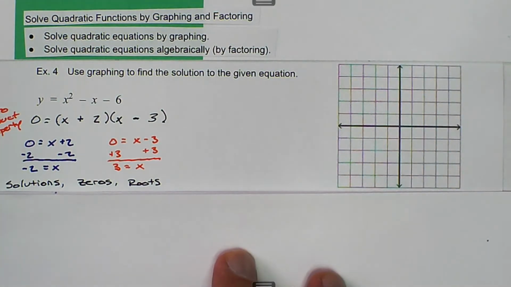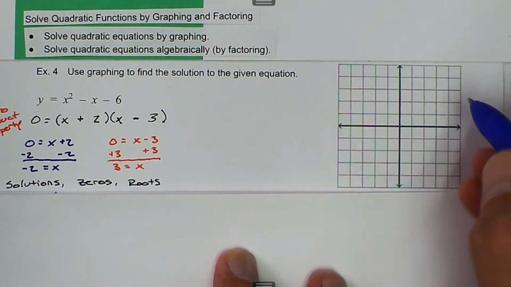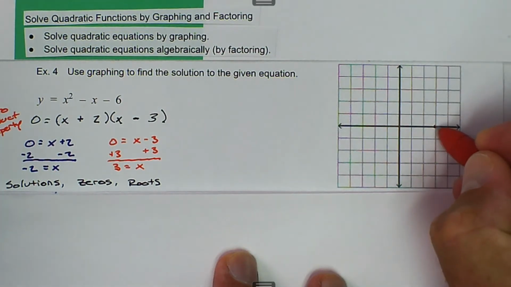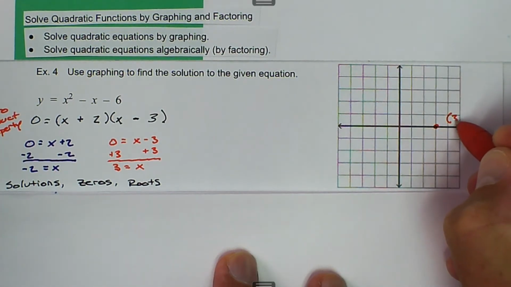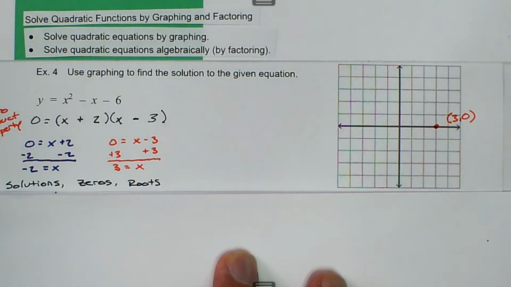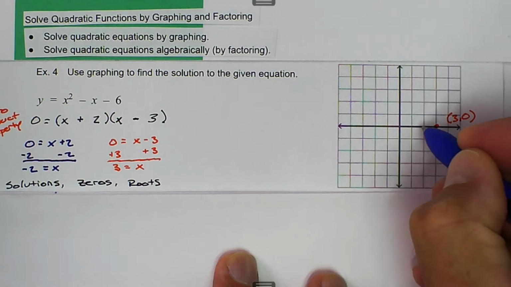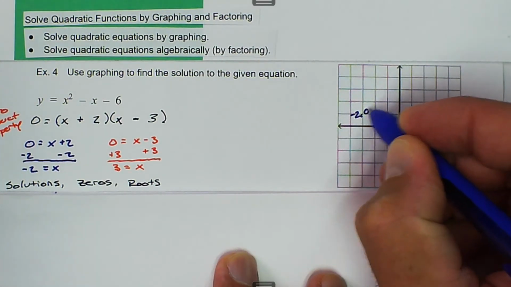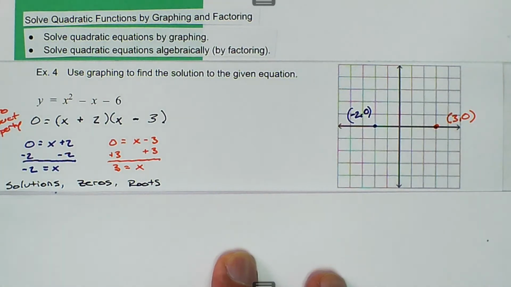So then we have those 2 points that we can graph: 3, 0, which is one of the roots, and then we have -2, 0. And now the only thing left to find is the vertex, and then we can graph it.